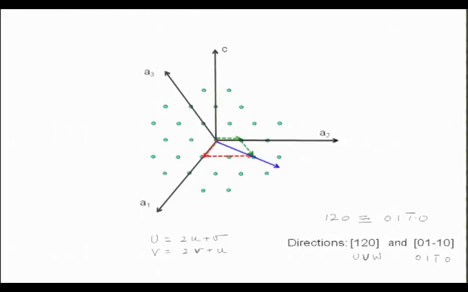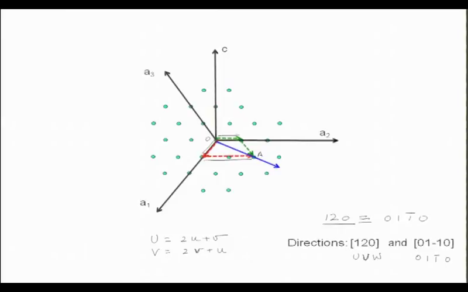So, in the first case, this is [1 2 0], 1 along A1, 2 along A2. So, I move from O to A. In the second case, I convert this into 4 axis system. So, now [1 2 0] becomes [0 1 1̄ 0]. So, I do not have to go along A1 now, I have to go 1 along A2.